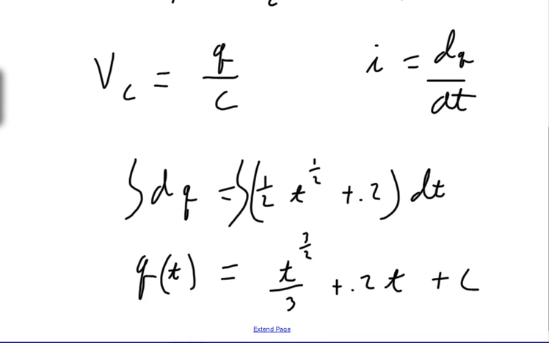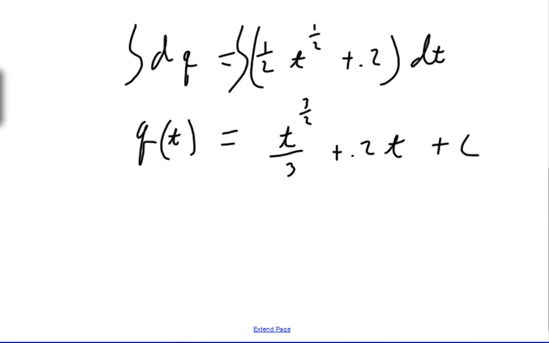The capacitor has a voltage of 100 volts across it at the given time it is connected across a source. So now the issue is, what is Q at 0? That's what we have to figure out.